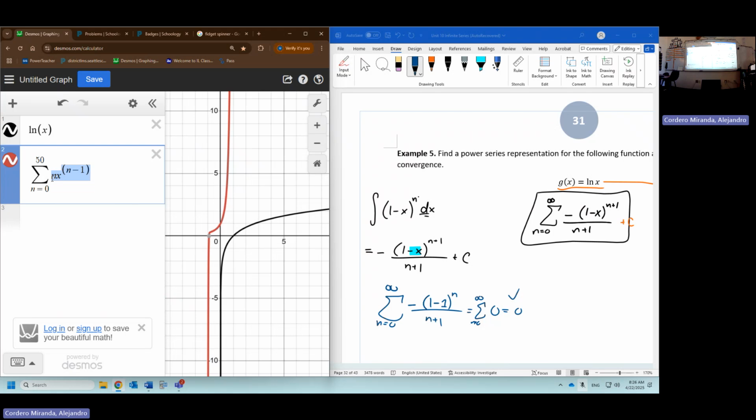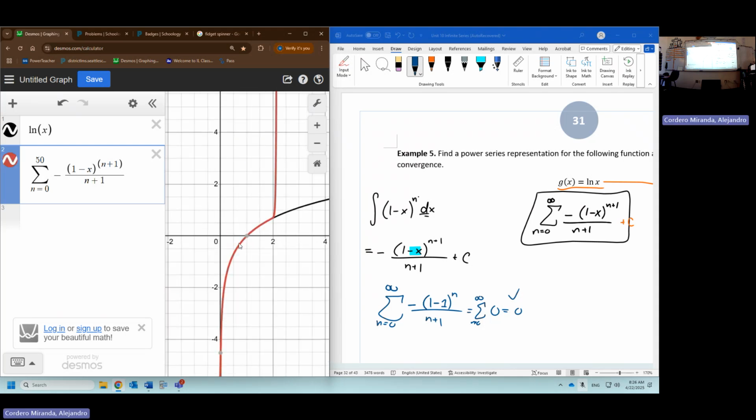Here's the series we claim should match it: negative 1 minus x to the n plus 1 over n plus 1. And there it is. It matches real good within the radius of, oh, we never talked about the radius of convergence over here, but just like before, this has a radius of convergence of 1.